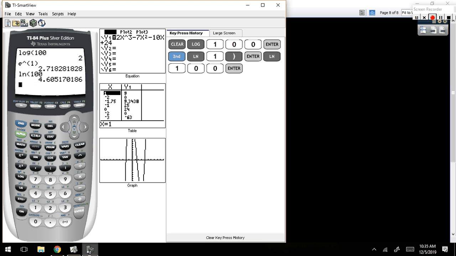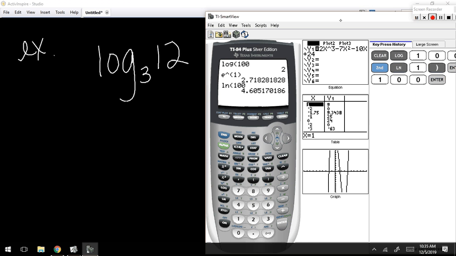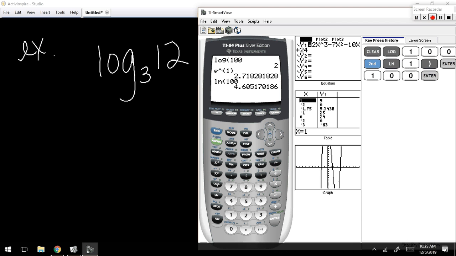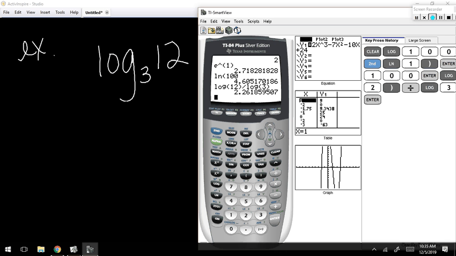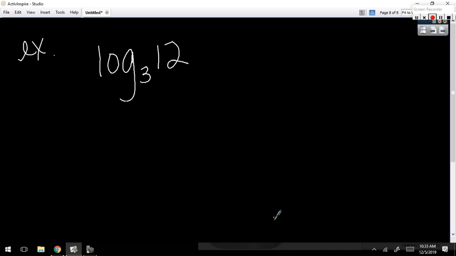So what I'm going to do is do the log of 12 divided by the log of 3. Always.